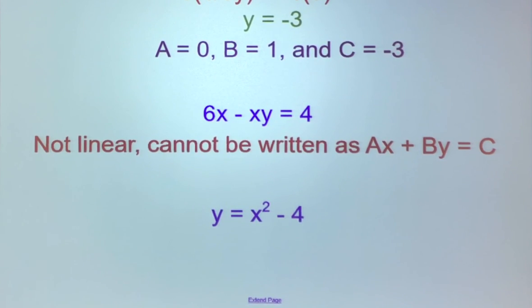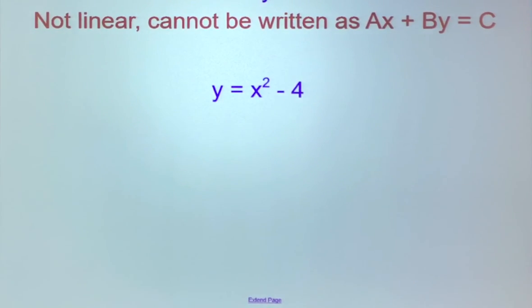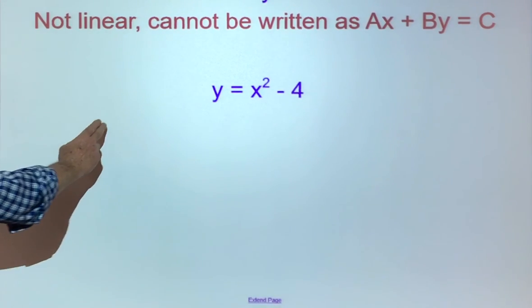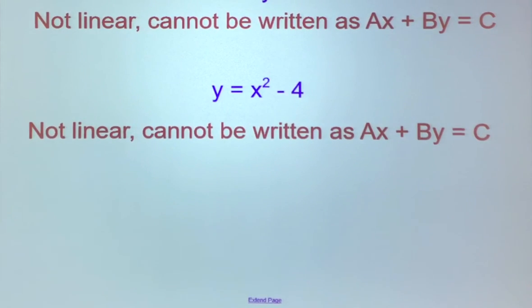On the next one, again, this one cannot be written in standard form, so it's not a linear equation. The reason it can't be written in standard form is because we have x squared. We can't have x squared as our variable. It just won't work because of the x squared. The graph of this would actually end up being a curved line, not a straight line.